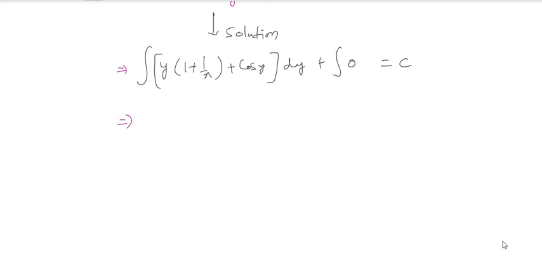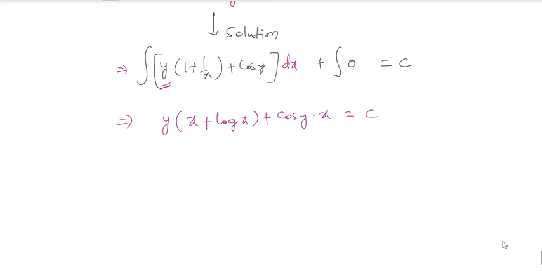So what is the solution here? You have to treat y as a constant, since the integration is with respect to x. So y into, for 1 you will have x, plus for 1 by x, which is nothing but log x, plus cos y into x, which is equivalent to constant c.